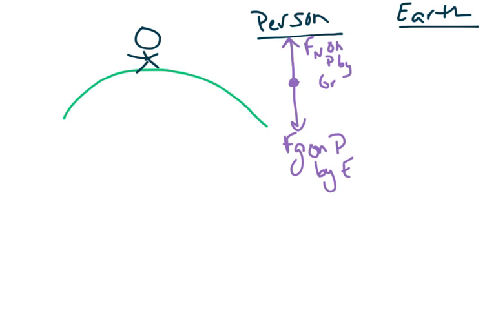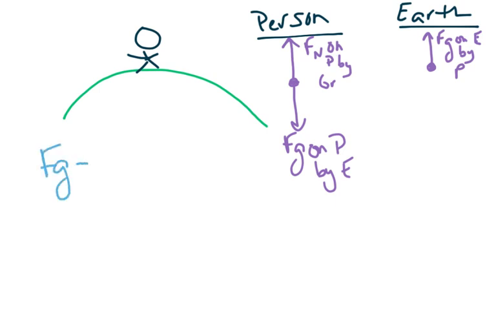If I'm drawing a force diagram for the earth, it has a pull from the person in the opposite direction. Remember, we talked about this. The earth doesn't move when you fall. The earth doesn't come flying up to you because of the large mass of the earth and the very small acceleration it feels.